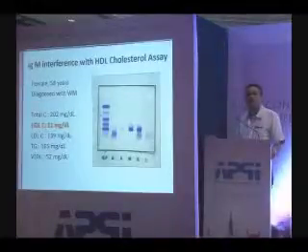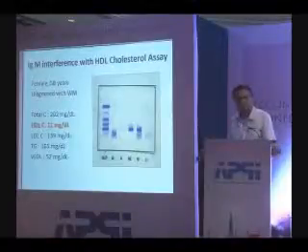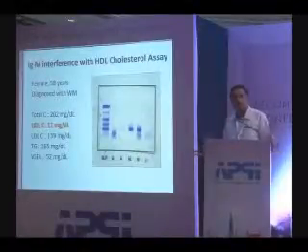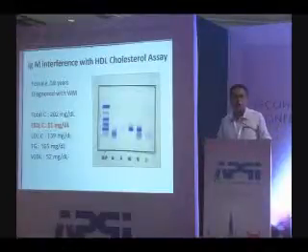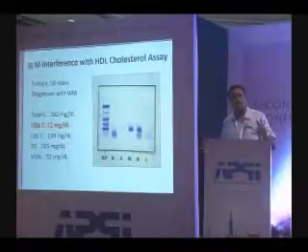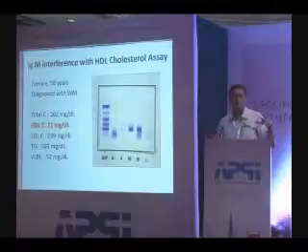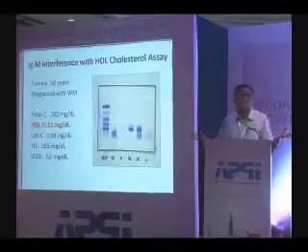When we used a different methodology, we found that the HDL cholesterol was actually 40. Now it is not always that all wet chemistry systems, all liquid chemistry based systems, will behave abnormally. It is specific for the assay, but all of them are subject to these kinds of interferences for different assays.